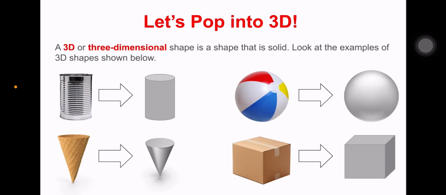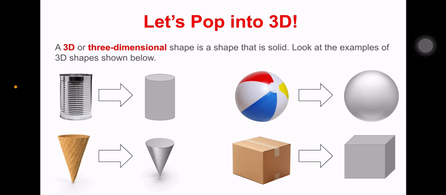Now it is time to go from flat shapes to shapes that pop out. These are called 3D shapes, and they have more than just height and width. They have something called depth.